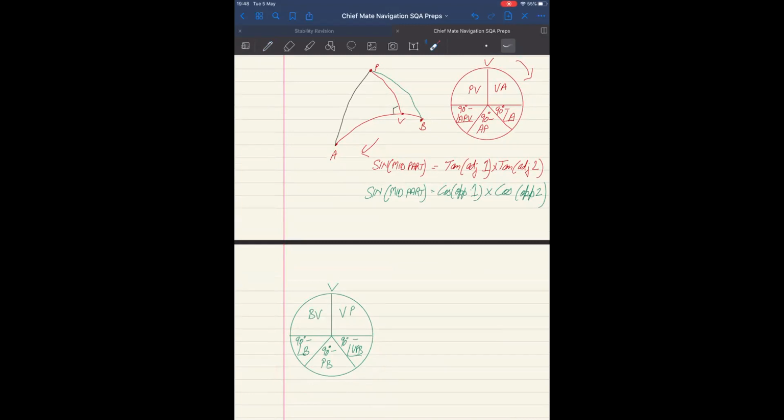If I want to calculate VP, in this case, the adjacent would be these two sides, and this side would be opposite, and this will also be opposite. If I need to calculate this bit, this will be my adjacent, and these two sides will be my opposite.